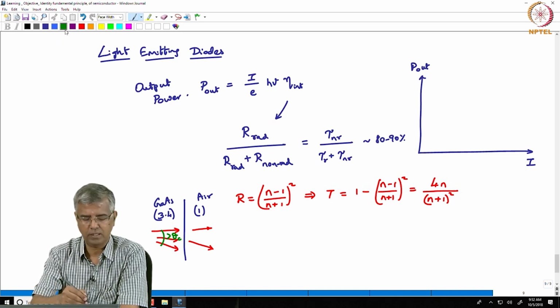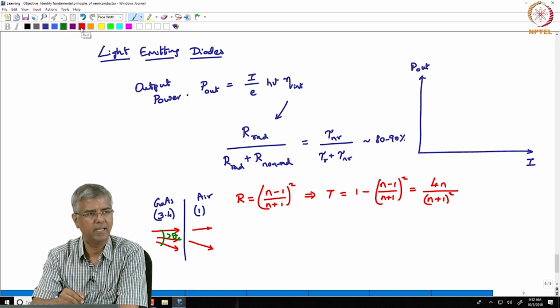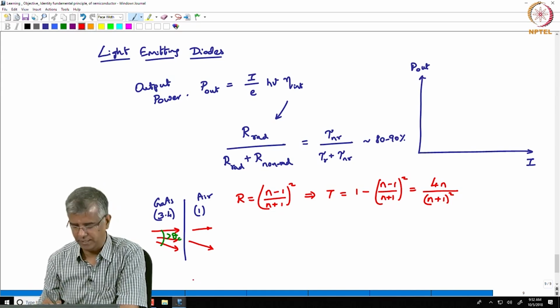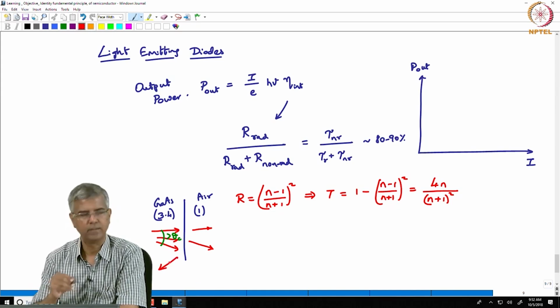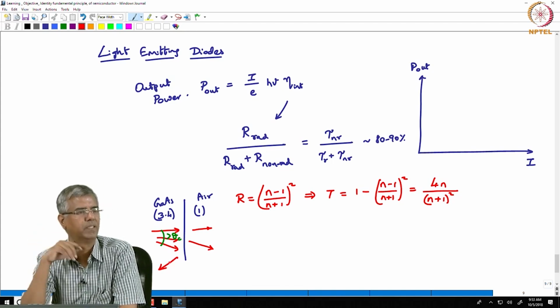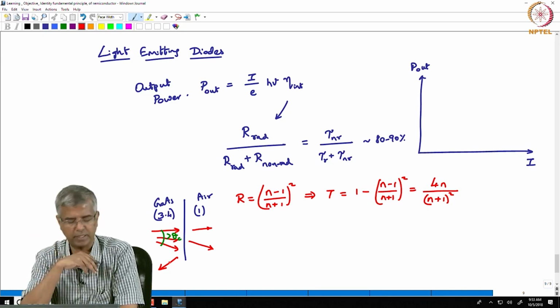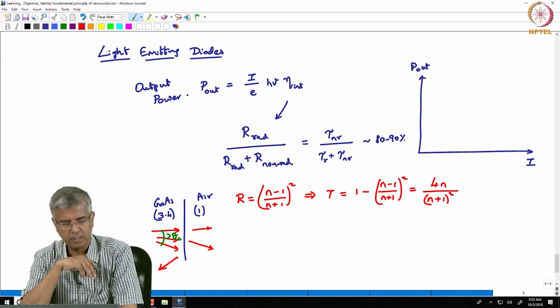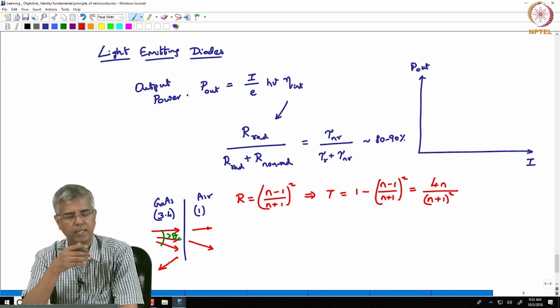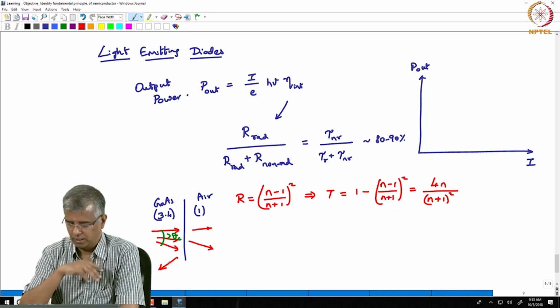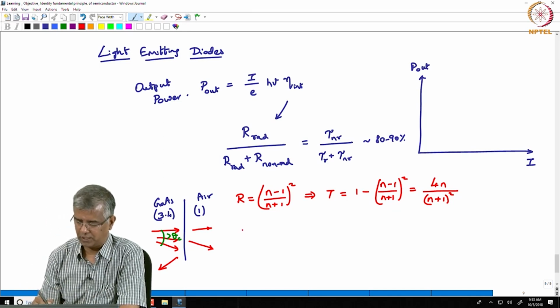Such a ray will be totally internally reflected. It will not escape the material, so you will not see the light come out of it.